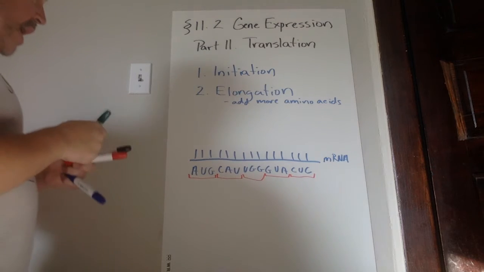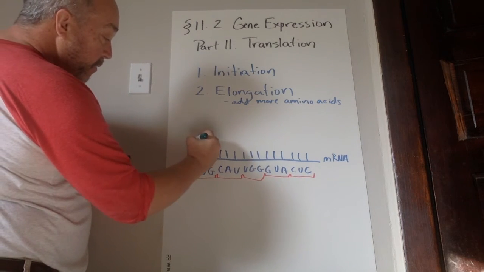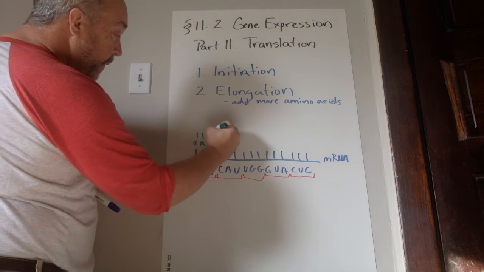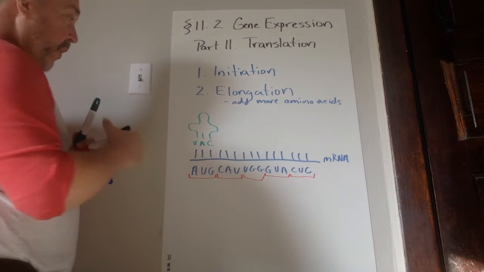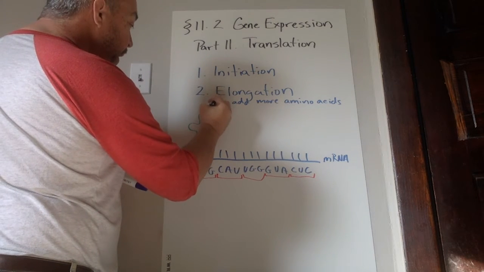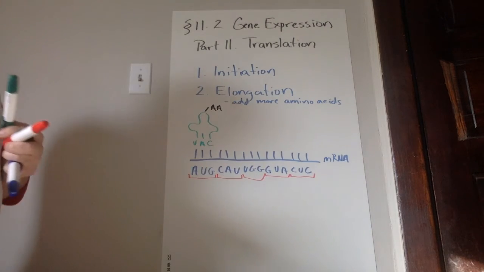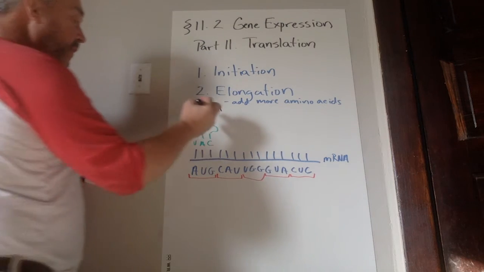So each time we'll have a tRNA come in. It'll have an anticodon that will be UAC, and it'll bring over an amino acid. We're not going to worry about which specific one. I know the book is showing specific ones, but let's just have an amino acid.